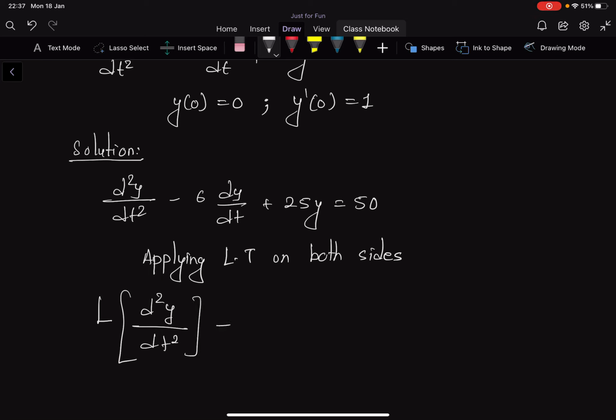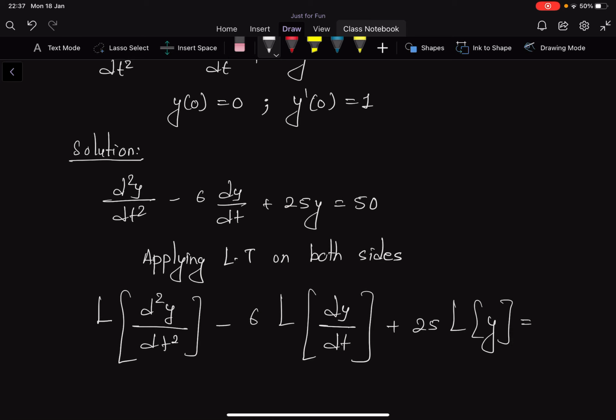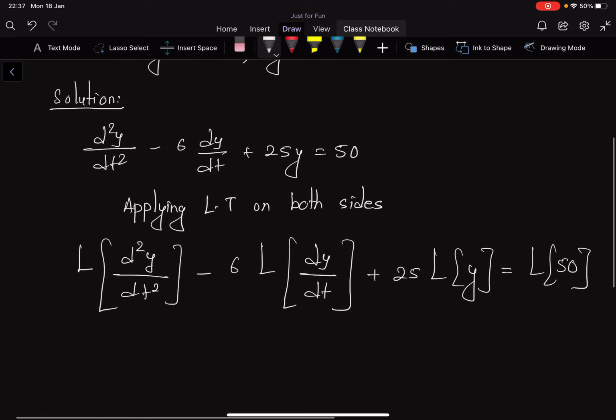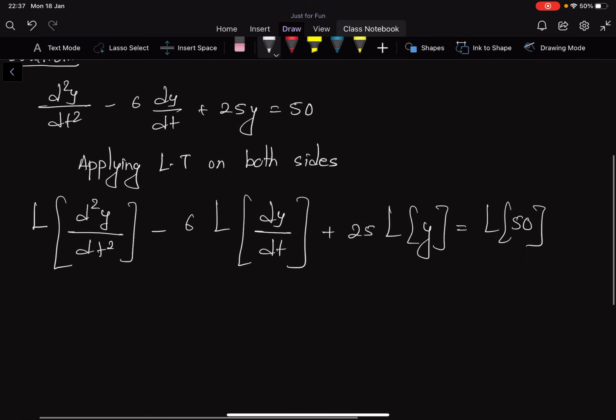Whenever you have a constant, you can take that constant outside of the Laplace, and for the variable you just use the Laplace of the variable. Similarly, you have the constant 25 times Laplace of y, and then Laplace of a constant, because no variable is there. So let's see what formulas we have to use.